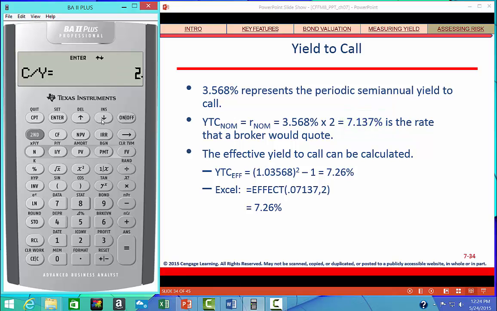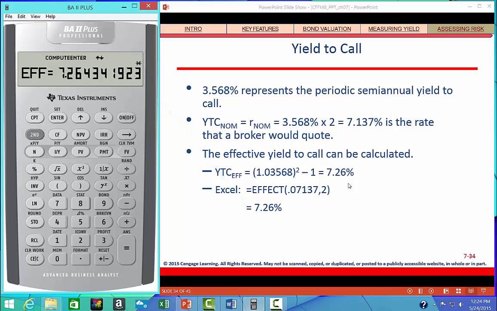Arrow down to the compounding periods per year, and it's 2, so that's correct. Arrow up, and then it just keeps the last number that was there, so I'm going to hit compute. And now I see the effective annual rate is 7.26%, and that's this extra step that they did here.